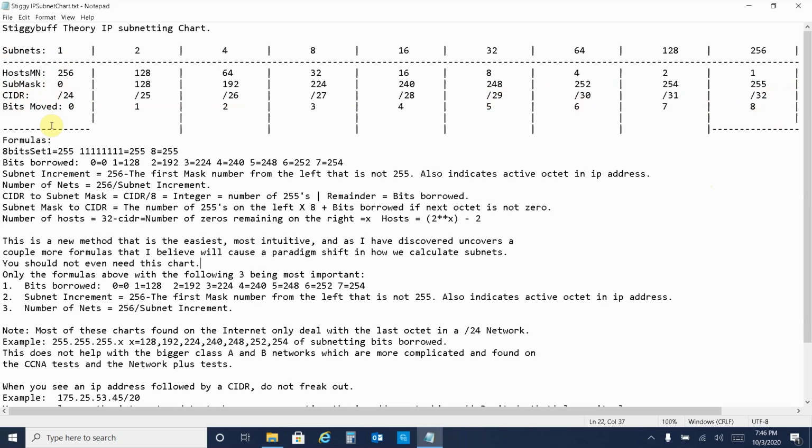But the deal is, every chart on the internet that you see has to do with the last octet, which doesn't help you if you have Class A or Class B networks. So what this is dealing with is like if you had 255, 255, 255, and then 192, /26. You would look at that. Again, you don't need this chart. For one thing, it's only going to help you if it's in the last octet of your subnet mask. So if you wanted to do Class A and Class B networks, you have to do this in a wraparound.